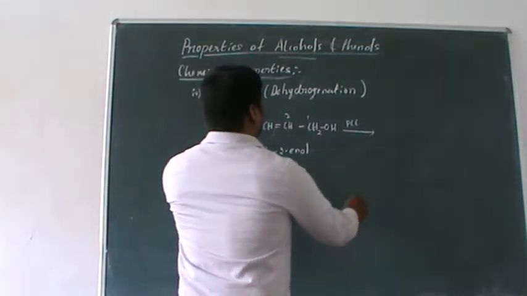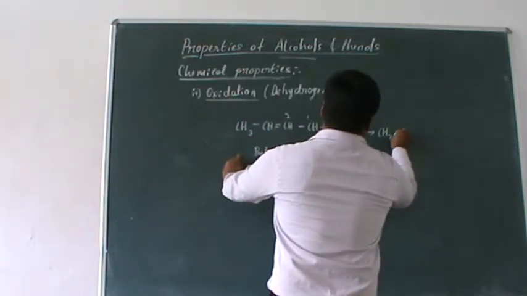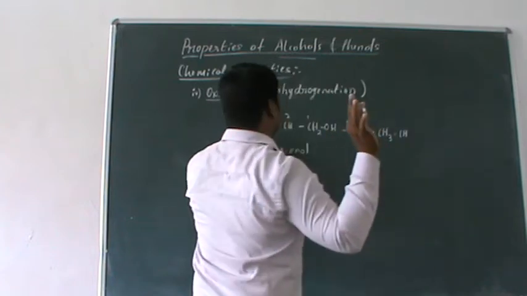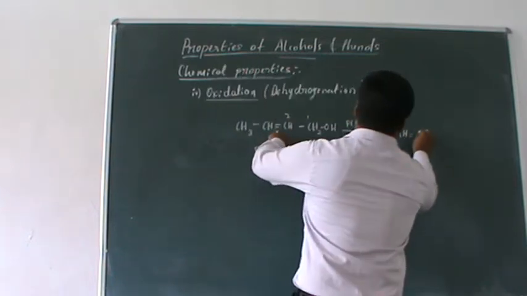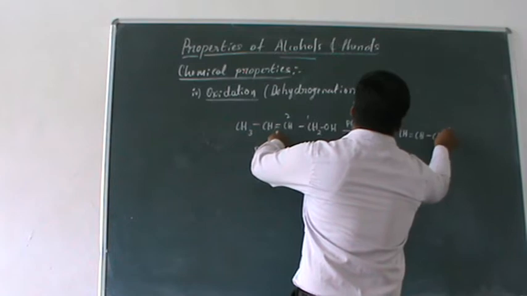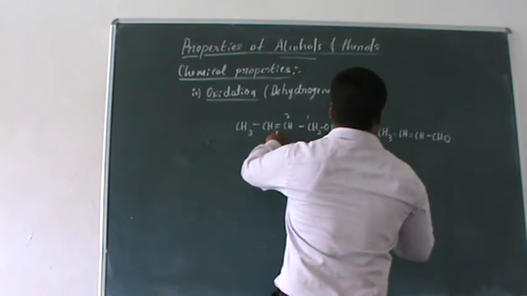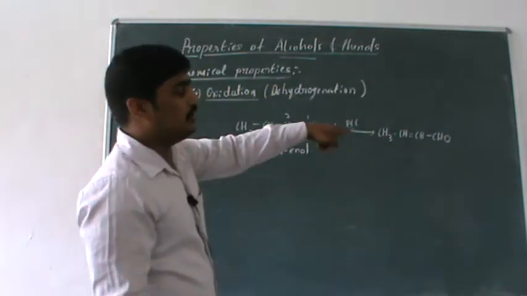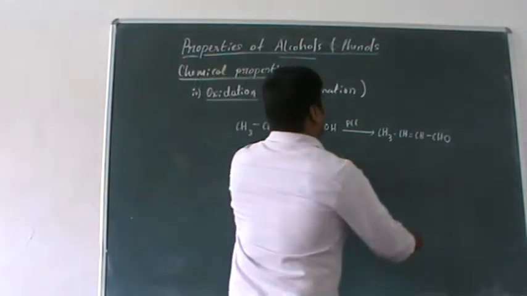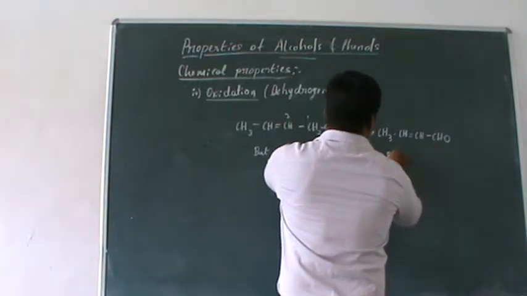CH3CH=CHCHO: the double bond remains as a double bond, and it produces the corresponding aldehyde. What is the name of the compound? But-2-enal.